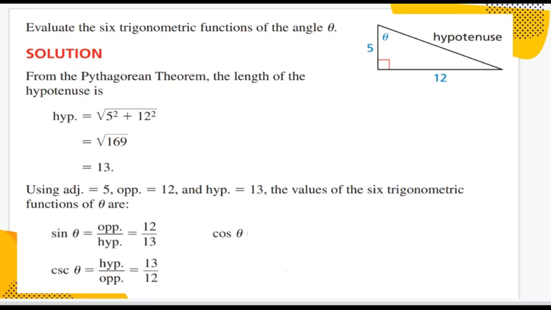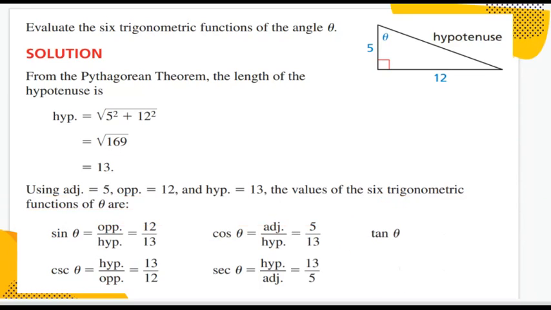For cosine theta, cosine theta will be adjacent over hypotenuse, which is 5 over 13. The reciprocal of cosine theta will be secant theta, that is hypotenuse over adjacent, which is equal to 13 over 5.